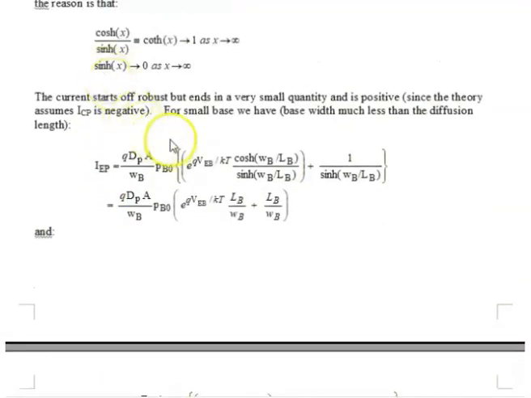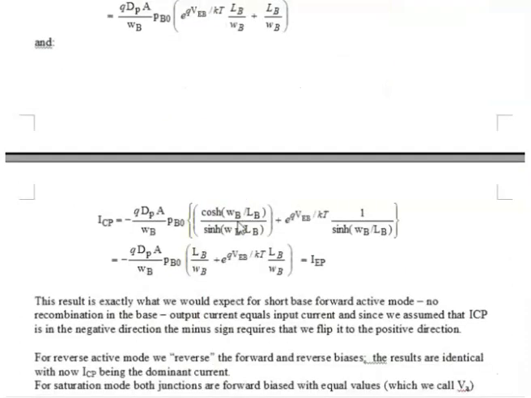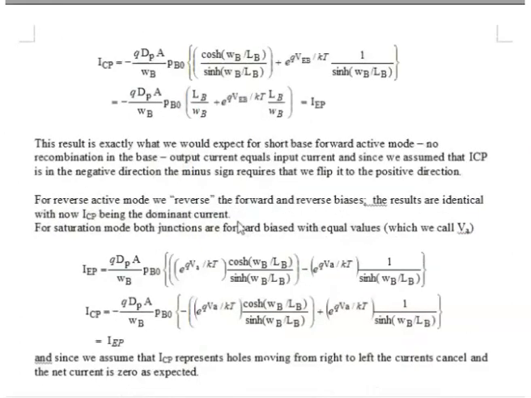I perhaps should say that the opposite way. ICP is precisely equal to IEP. What comes out is exactly the same as what comes in, and that is exactly what we would expect because there is no recombination, so we lose no charge in the base, and the output is equal to the input.